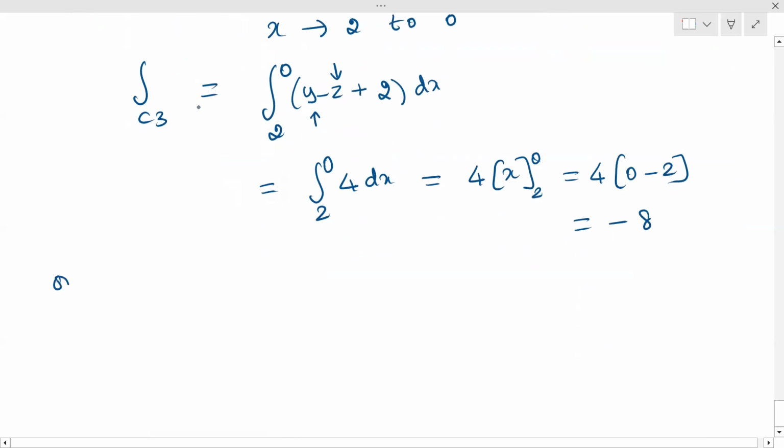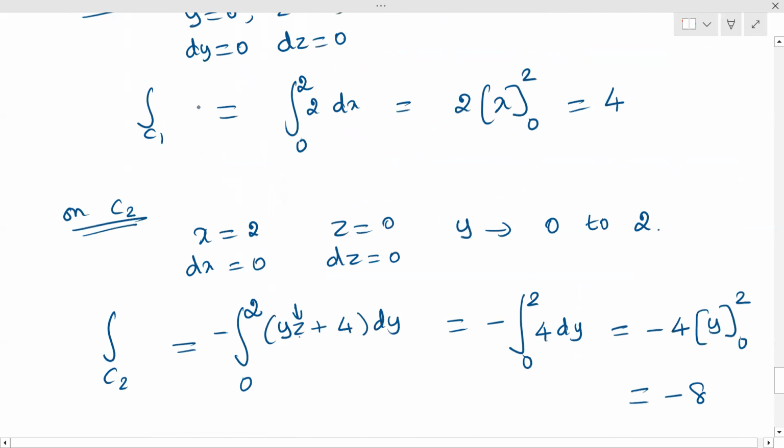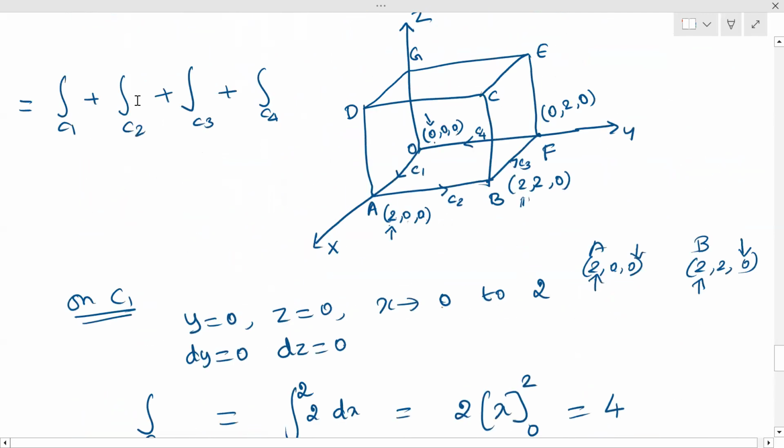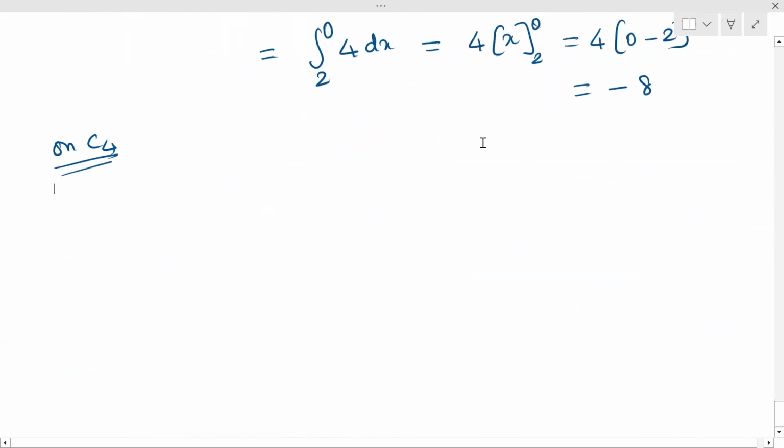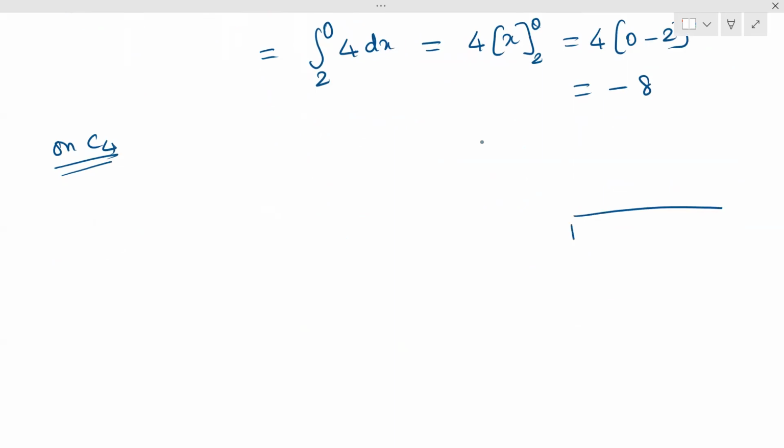Next on C4, the last line. C4 is nothing but FO. F coordinates are 0, 2, 0 and O is our origin.